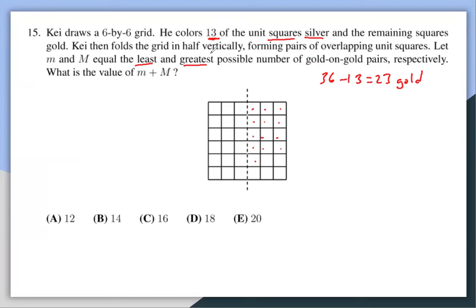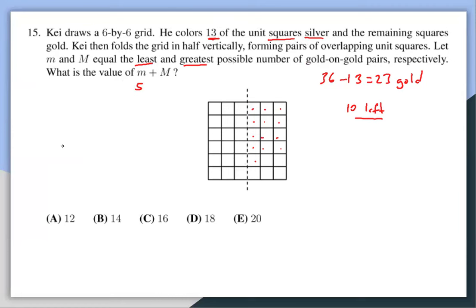That is going to be 23 minus 13, so you will get 10 left. Those 10 are the ones where we place 5 right here, and then we place 5 right here. So those 5 on each side of that vertical line will be matched, which means the smallest m we have is 5.